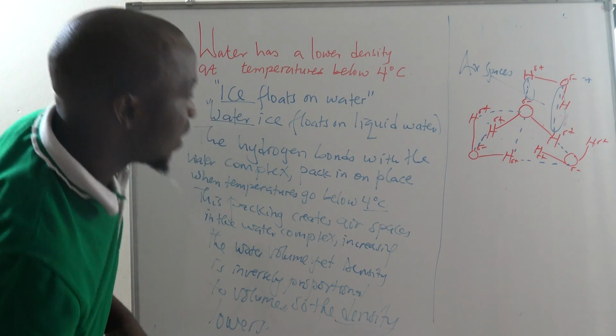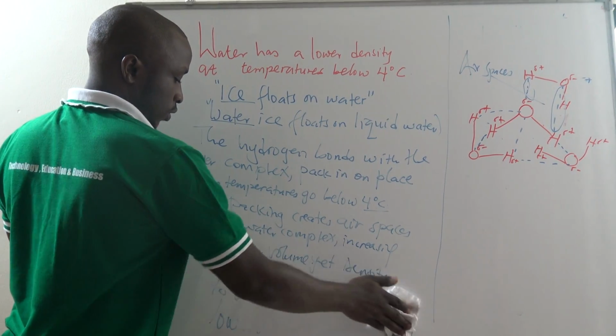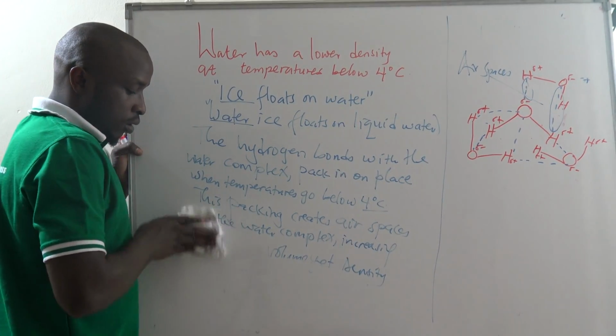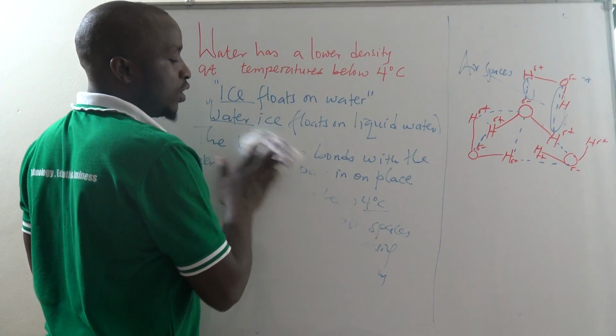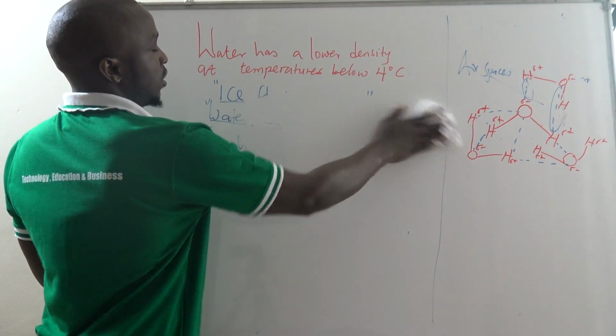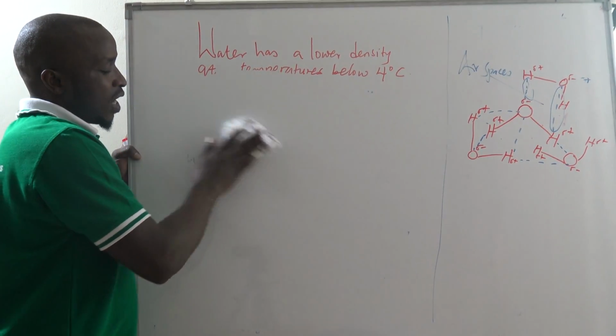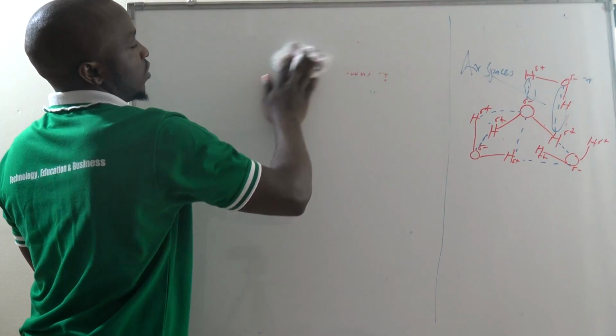Of what significance is this to living systems? It means, therefore, warm water is more dense than cold water. So let's take a scenario of those organisms that live in temperate regions that receive winter seasons.